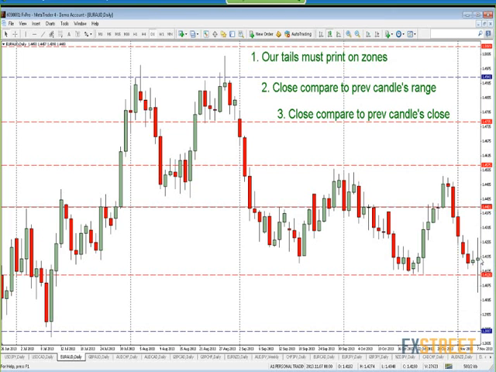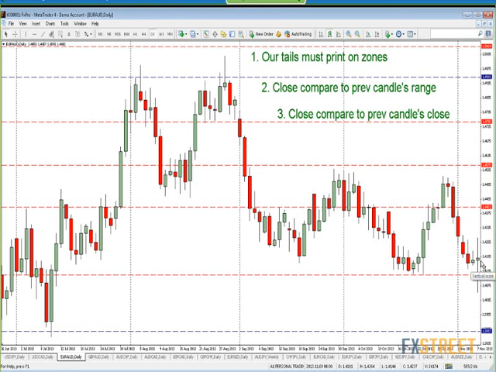Wrong. Here's the main problem with this candle, and that is the close of the candle compared to the candle's low and the candle's high. The problem is that the close is essentially close to the middle of the candle.